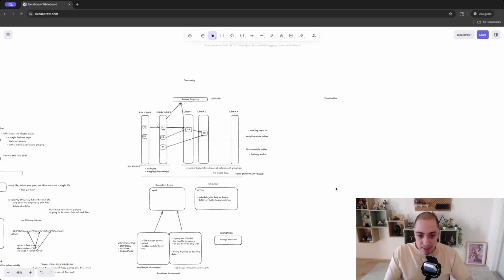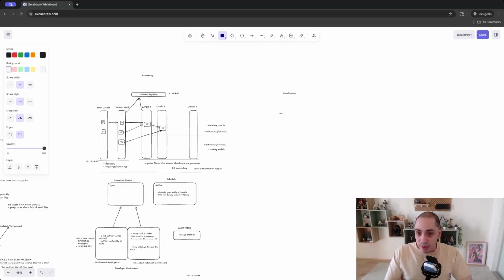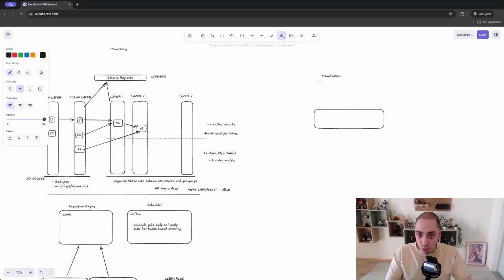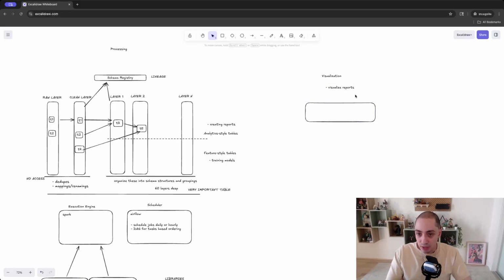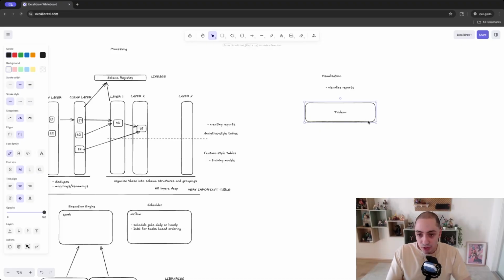And then the last layer I'll go over quickly here is your visualization layer. There are many options here, but essentially the goal is really just to visualize any reports you have. So for this one, you could just use Tableau. You can use Looker.